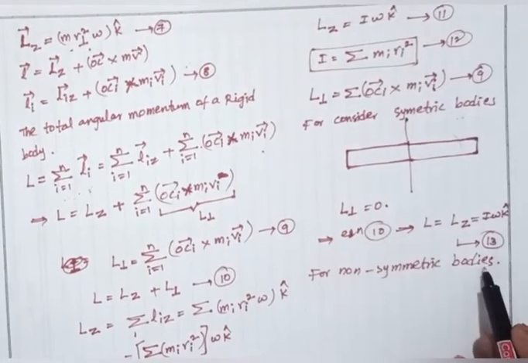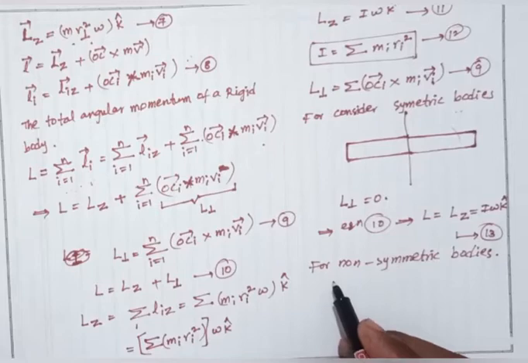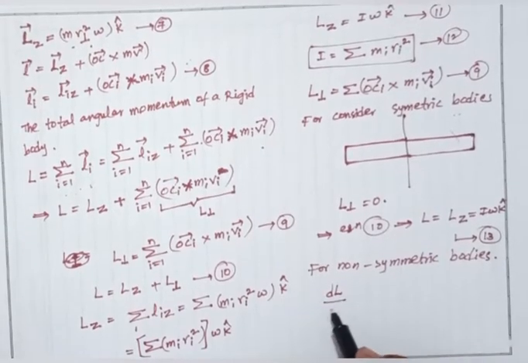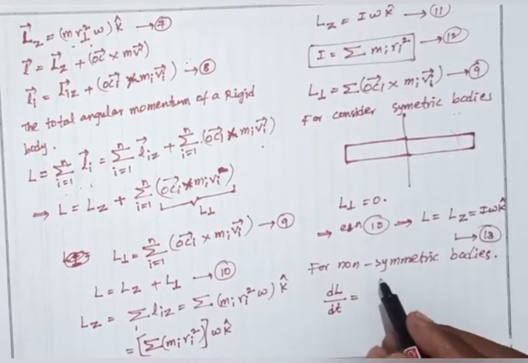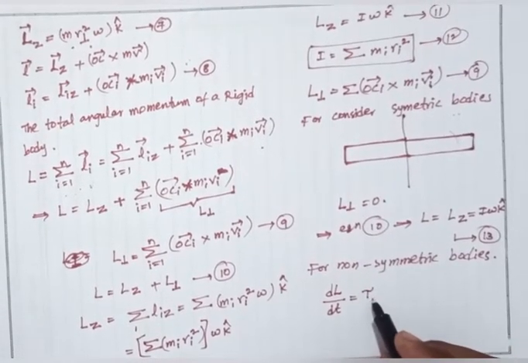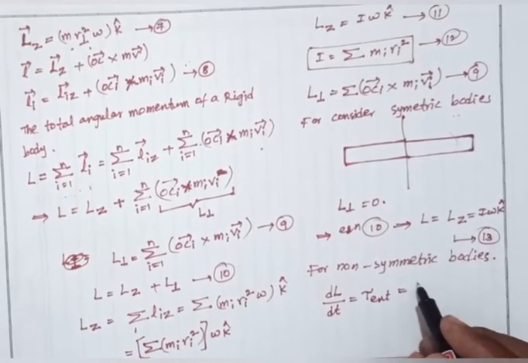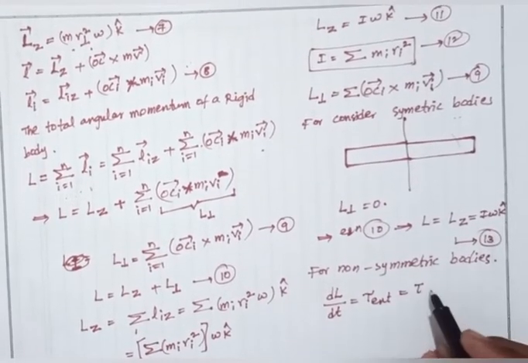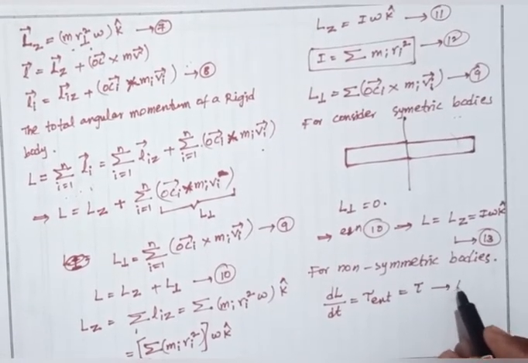For non-symmetric bodies we take the change in angular momentum: dL by dt equals tau external. We know this is the total moment of force. So this is equation number 14.